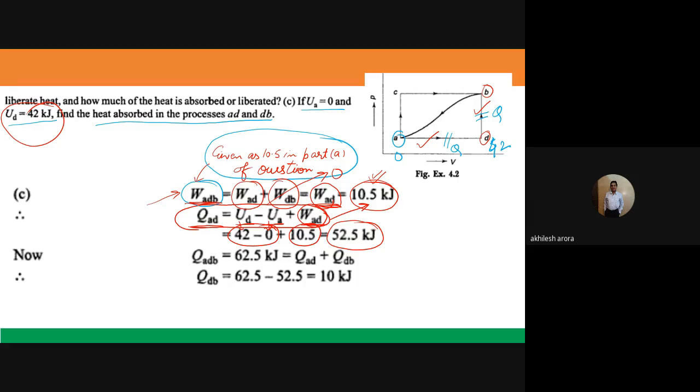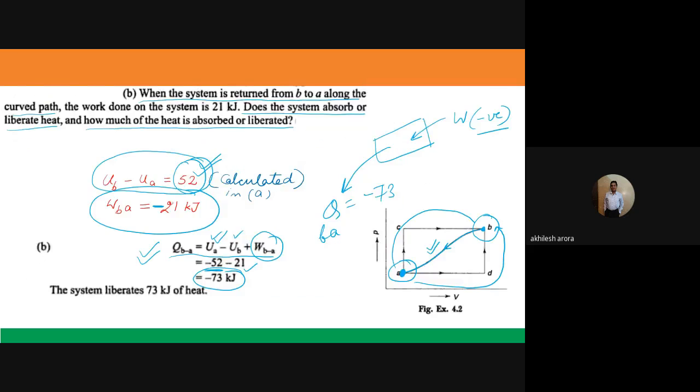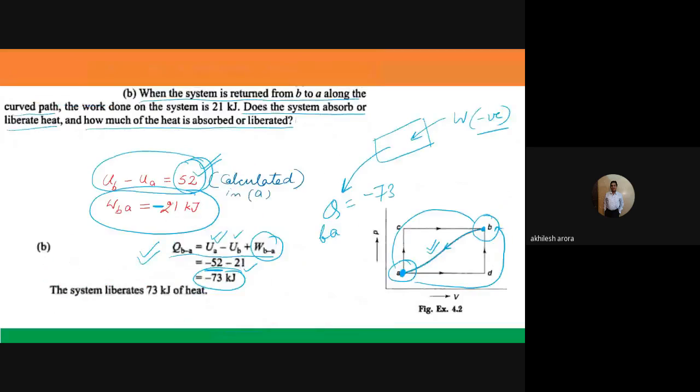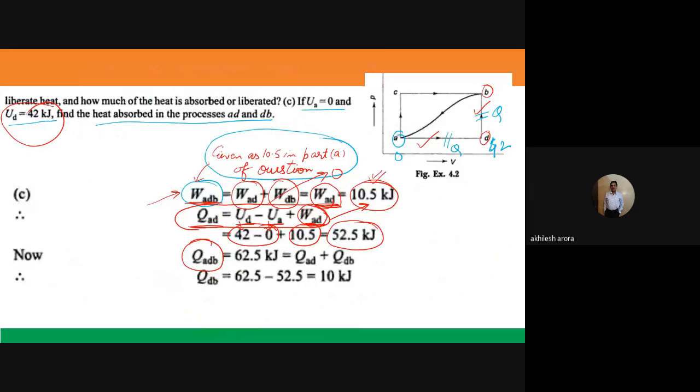Now I also have the value of total heat transfer for the process ADB which we calculated earlier. This is QADB, which was equal to 62.5. So QADB will be equal to QAD plus QDB.